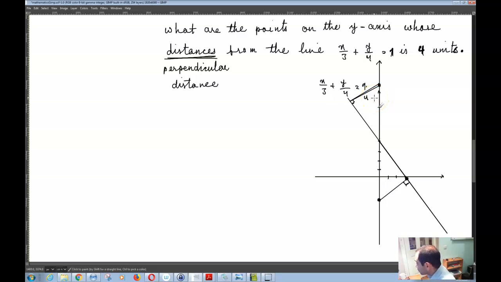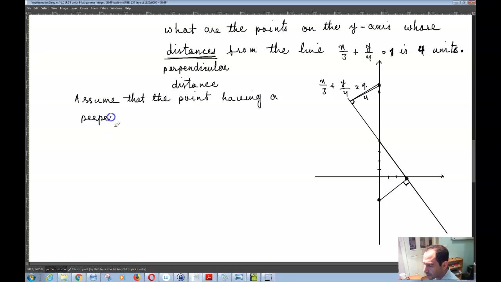Now the way that you can solve this problem is that let's assume that the point basically having a perpendicular distance of 4 units from line 1, and I call this line 1 over here.